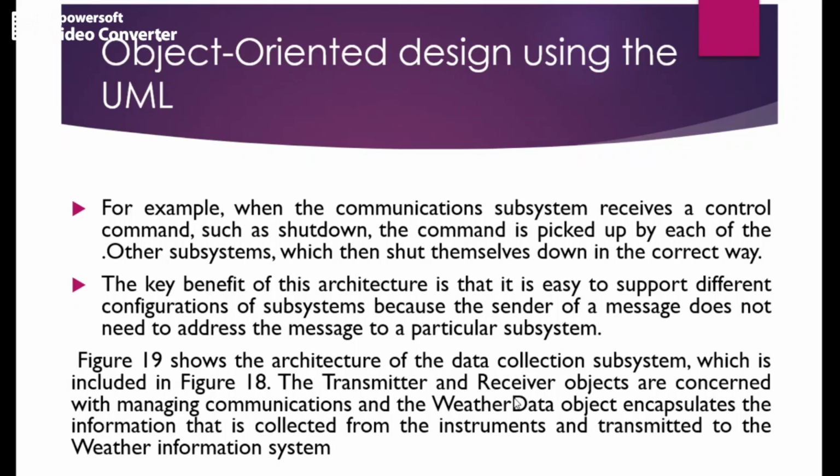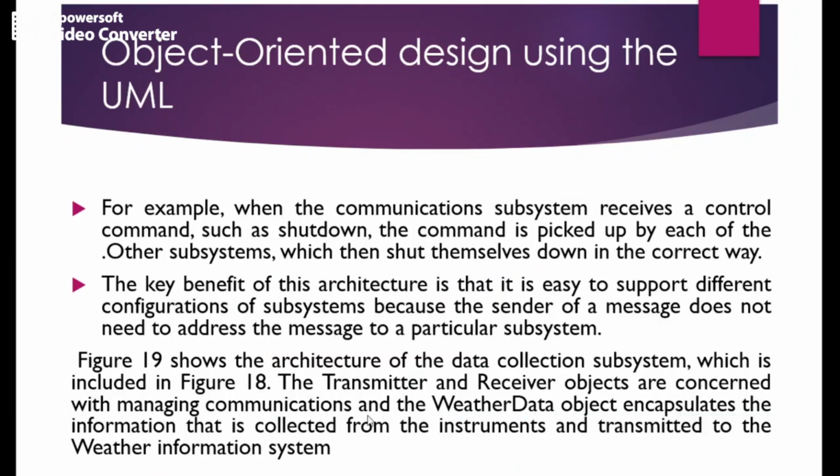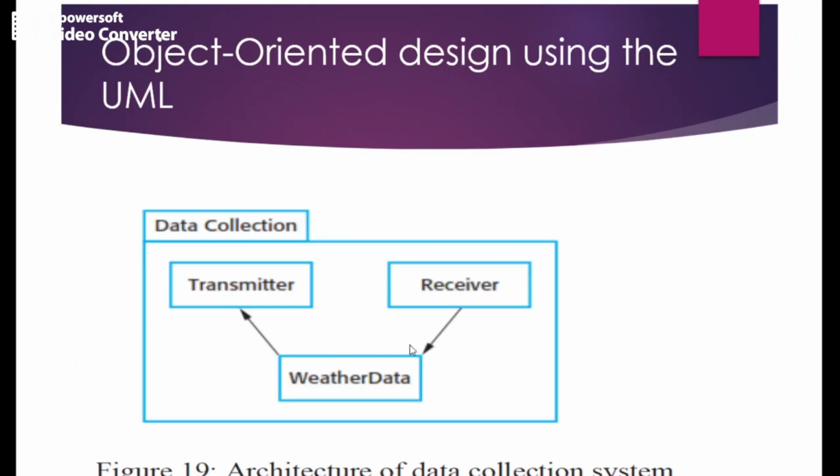And one more object you have is the weather data object, which encapsulates the information that is collected from the instruments, and that will be transmitted to the weather information system.